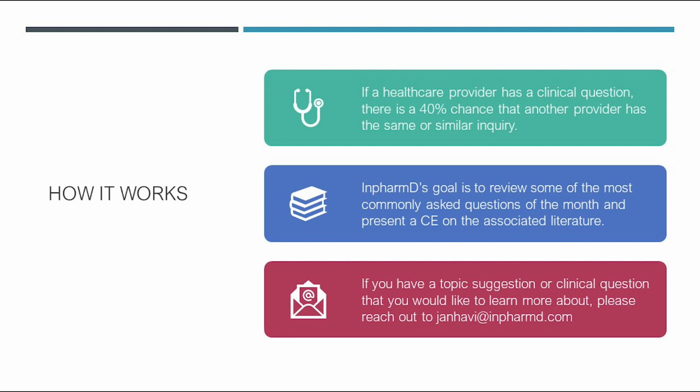And so part of this CE process is to really try to get ahead of the curve and answer questions that folks might have before they even ask them or send them our way. So we look for these questions that have been commonly asked or are high value questions to provide these CE topics so that you can be informed on some of the most important clinical inquiries that we get.